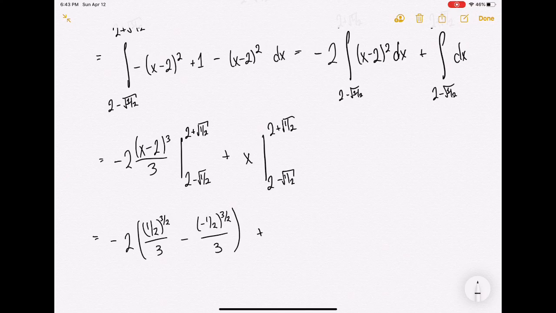And then this will just be 2 plus root 1/2 minus 2 minus root 1/2.